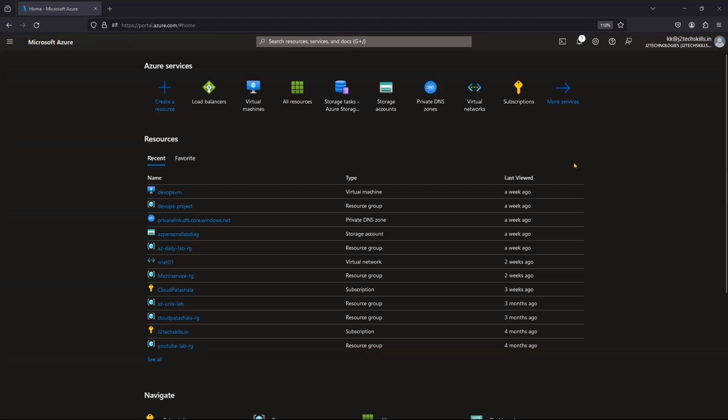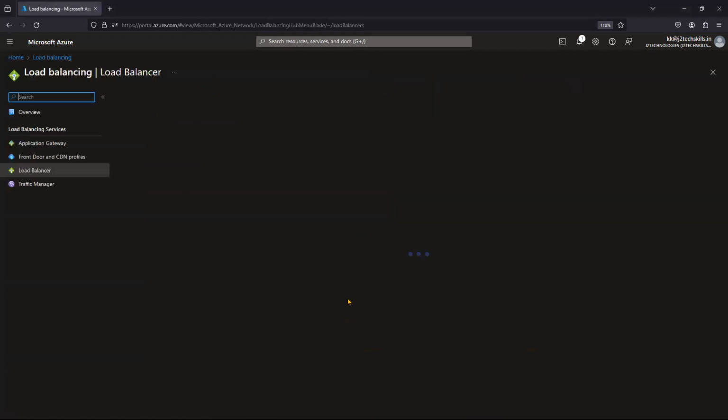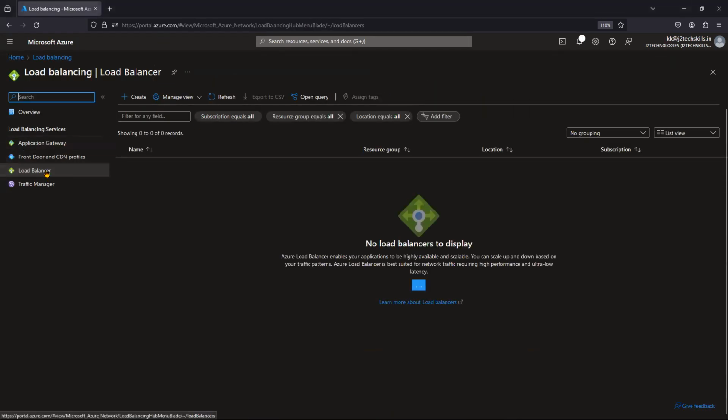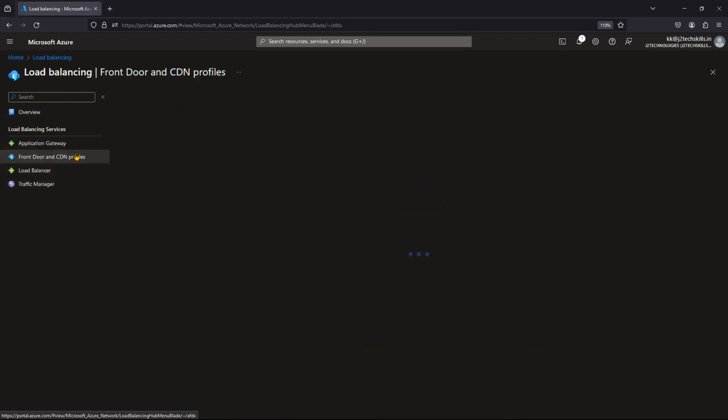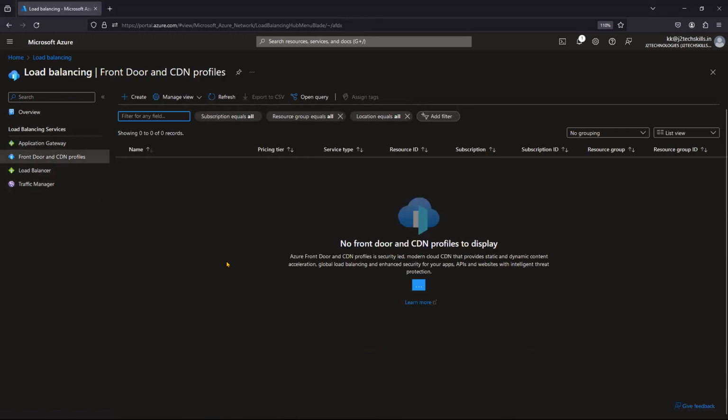Regional load balancers are Azure Load Balancer and Application Gateway, both defined by Microsoft for regional purposes. The remaining two, Traffic Manager and Front Door, are defined for global load balancing purposes.